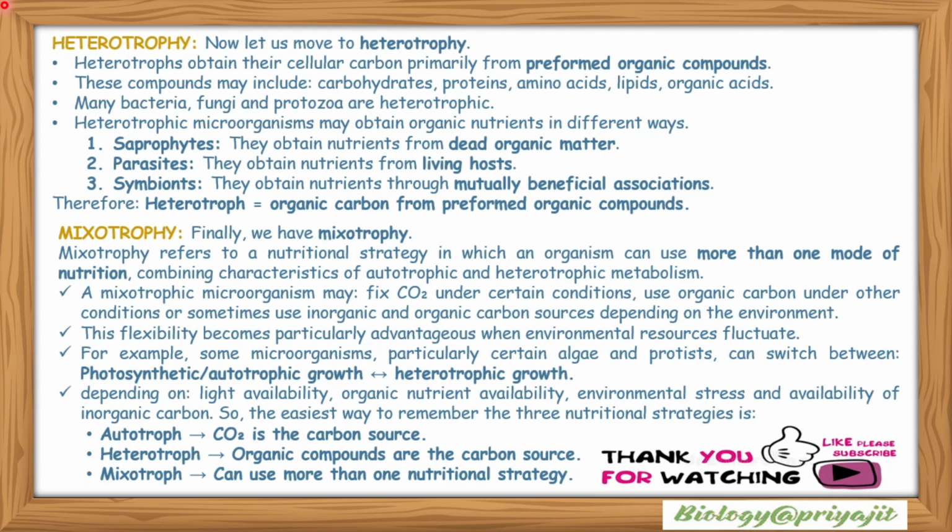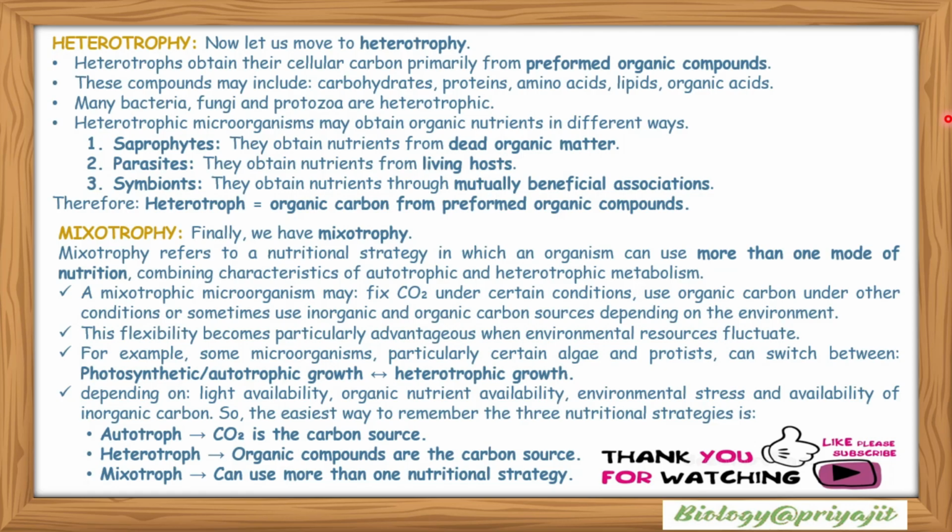Mixotrophy refers to a nutritional strategy in which an organism can use more than one mode of nutrition, combining characteristics of autotrophic and heterotrophic metabolism. A mixotrophic microorganism may fix carbon dioxide under certain conditions, use organic carbon under other conditions, or sometimes use inorganic and organic carbon sources depending on the environment. This flexibility becomes particularly advantageous when environmental resources fluctuate.